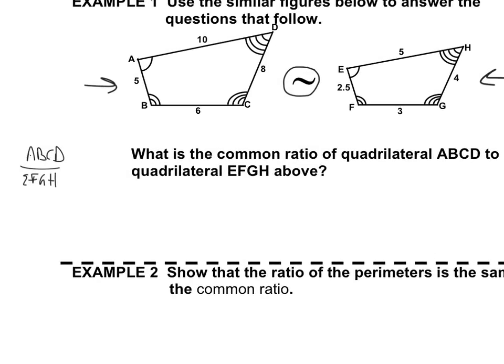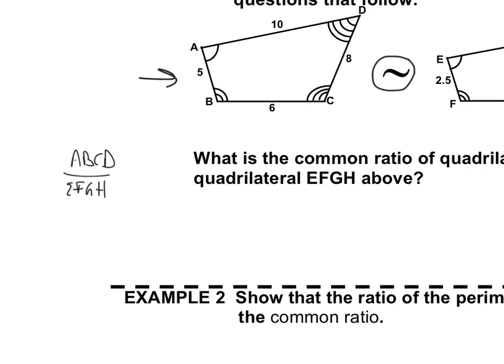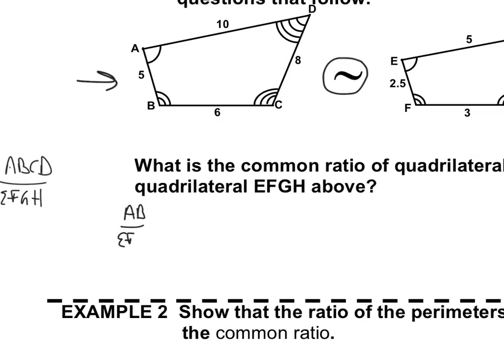So I'm going to start off by taking side AB and dividing it by side EF, its corresponding side. We don't have to write that out every time. That's going to be 5 over 2.5, and then I'm going to simplify. 5 divided by 2.5 is 2. Then I'm going to continue around.